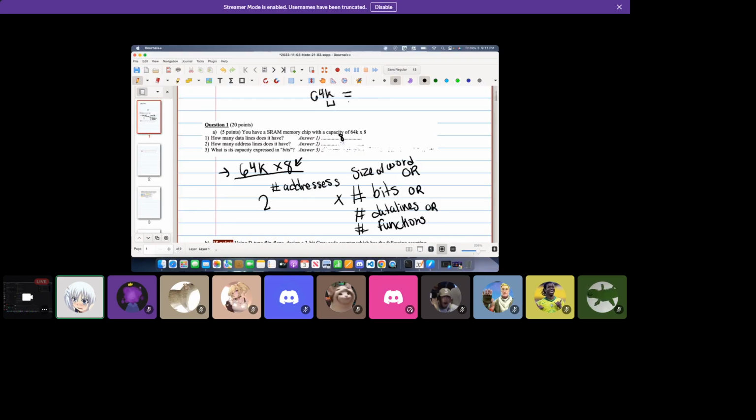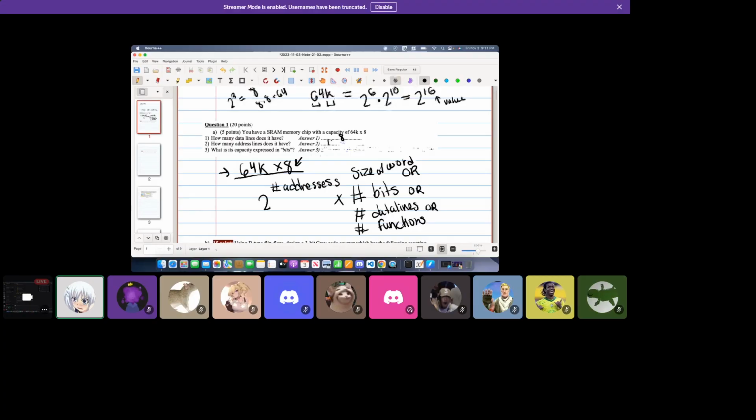We have the K value, which is 1,000, so 2 to the 10 times what? We have 64. We know that 2 to the 3 is 8, and 8 times 8 is 64. Therefore, it's 2 to the 6. Together, using exponential laws, that would be 2 to the 16. That is our value.